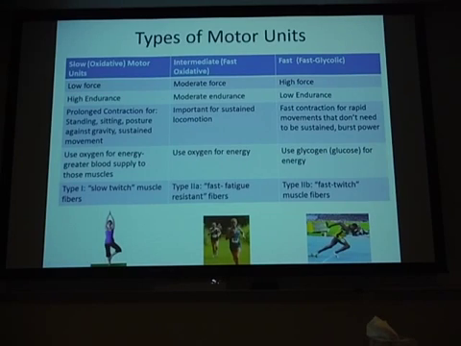It's kind of like if you eat a lot of sugar, you go really fast for a period of time and then you completely wipe out, right? So muscles that use glycolytic metabolism are going to give us a lot of force. They're high in force, they can generate a lot of force, but it's relatively low endurance.